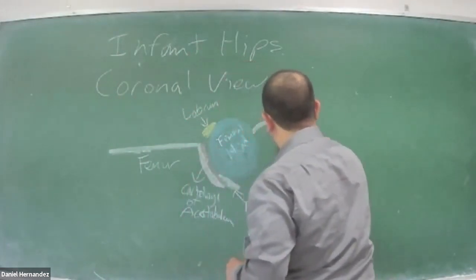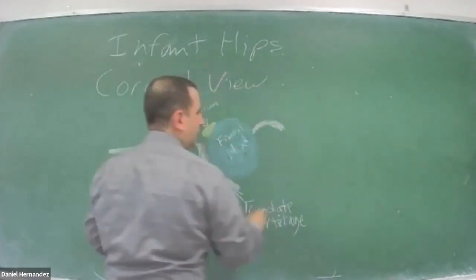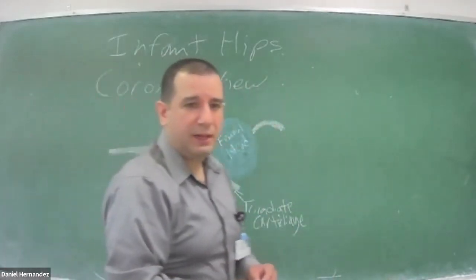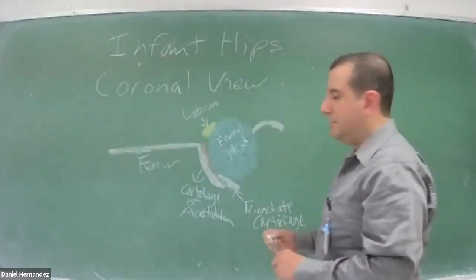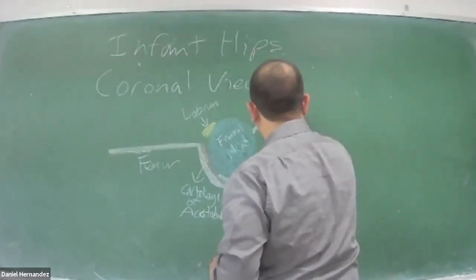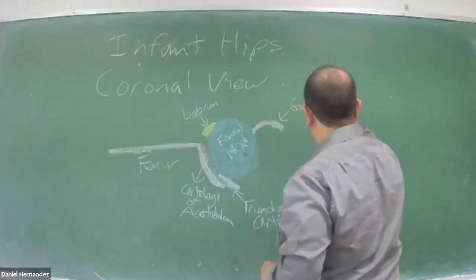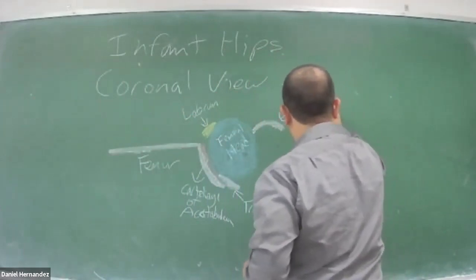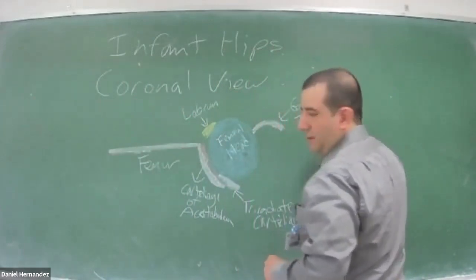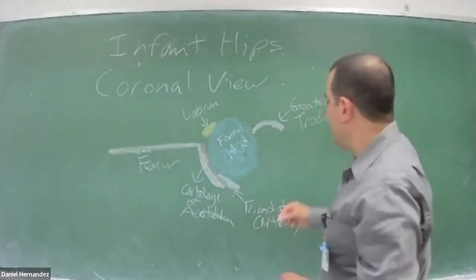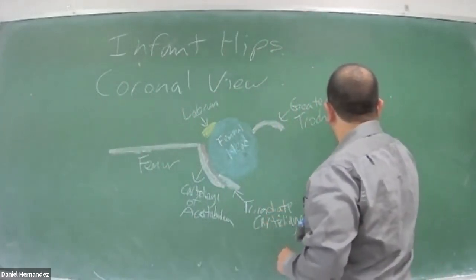Over here, it's hypoechoic. You're going to have your greater trochanter.